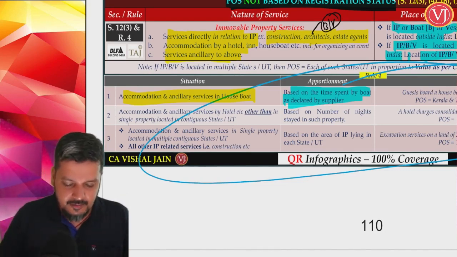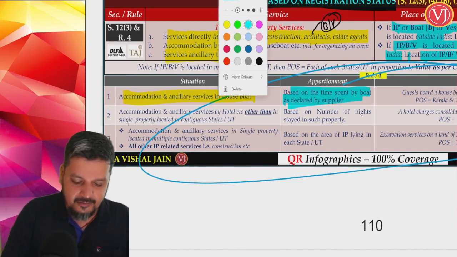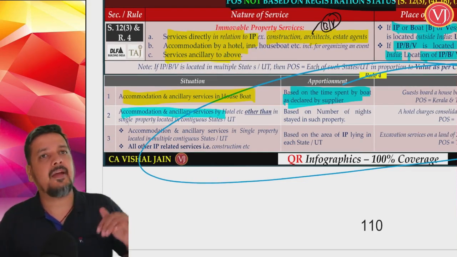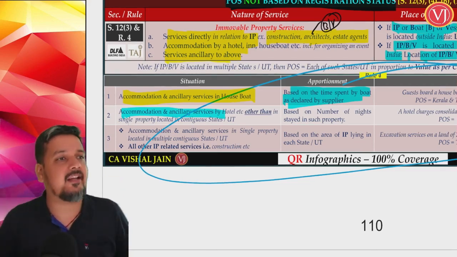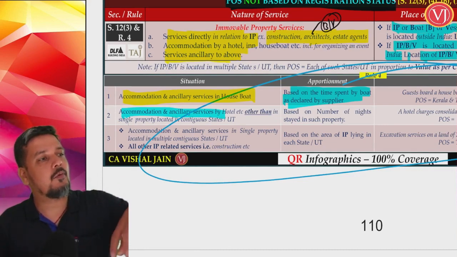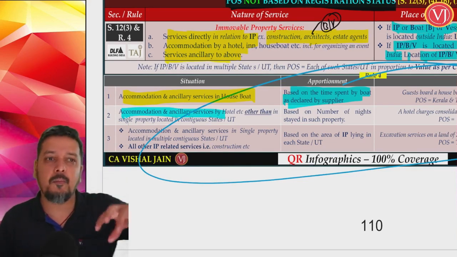Supposing I'm staying in Taj Hotel, Mumbai and Taj Hotel Ladakh. I go for a package from MakeMyTrip.com. So the answer is Mumbai and Ladakh.